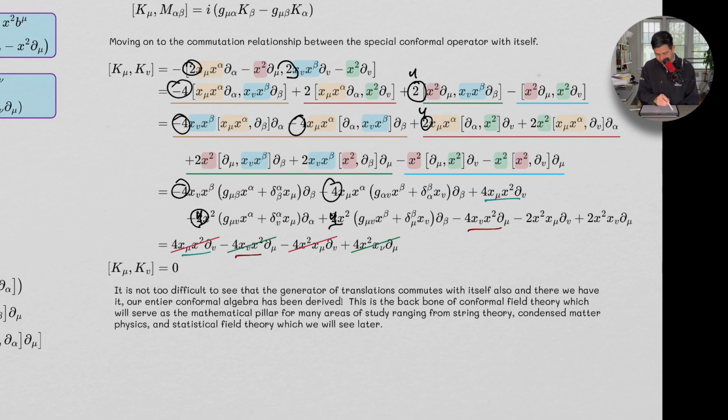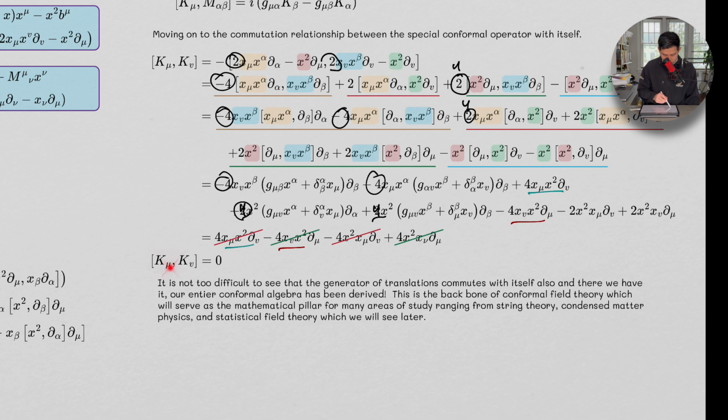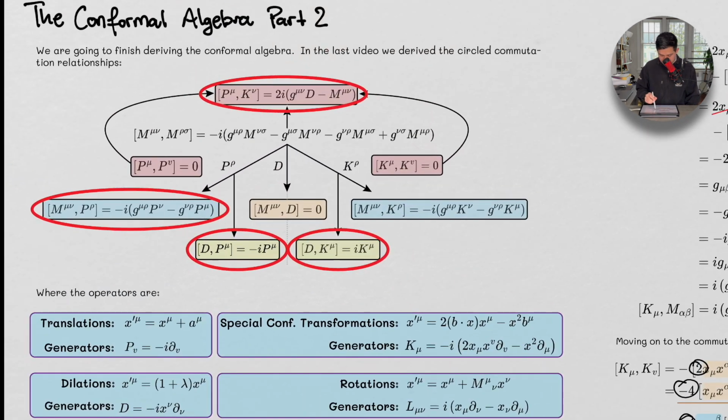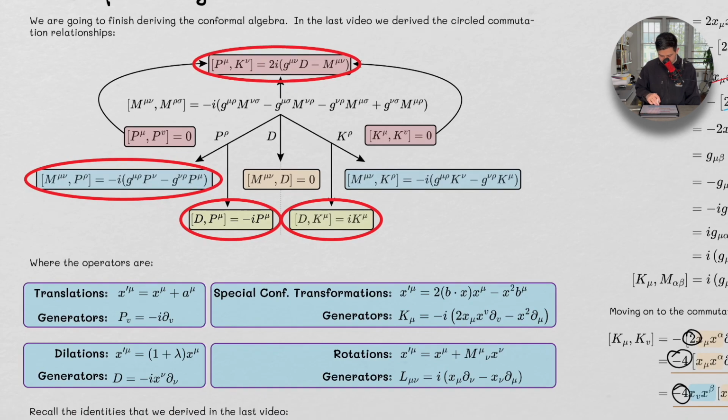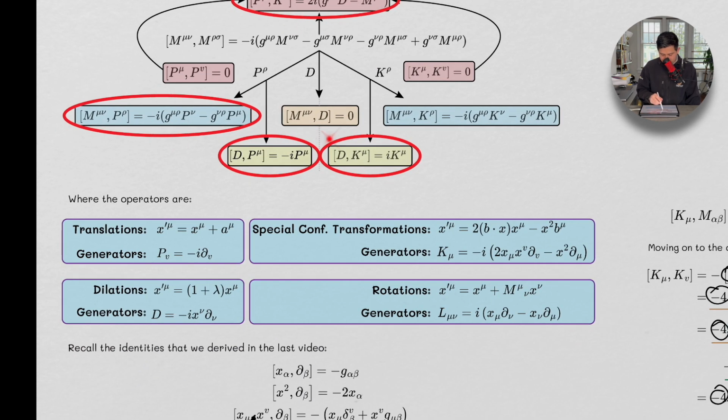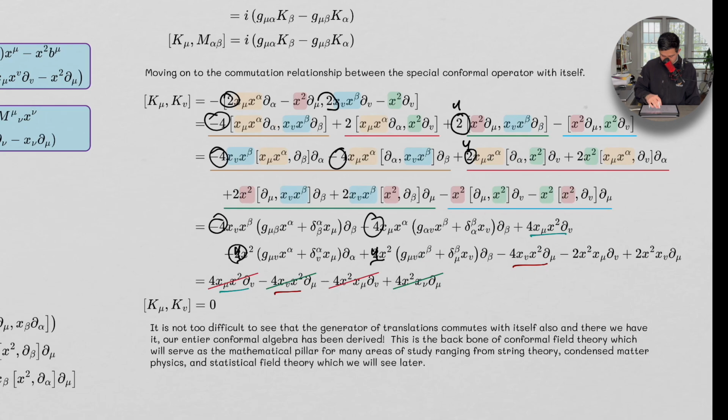Okay. So we have the commutation relationship between k mu and k nu is 0. So we have this guy right here. This guy right here, as I said, that's pretty intuitive and easy. This guy here, I'll leave that as an exercise.